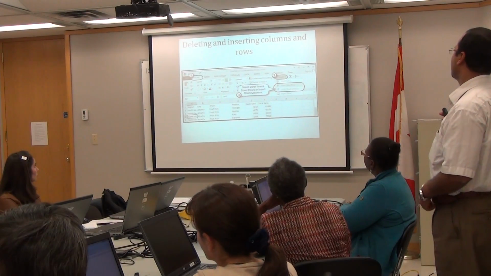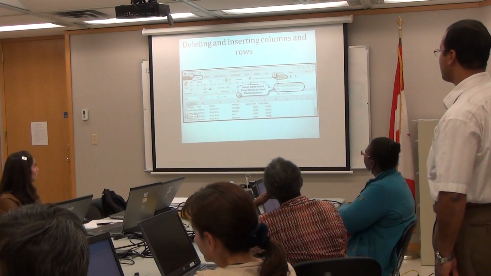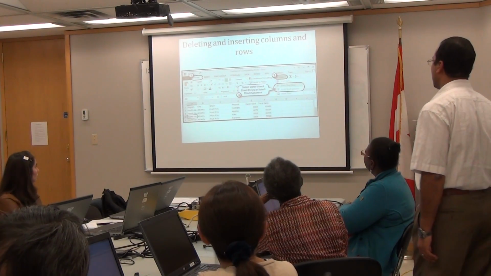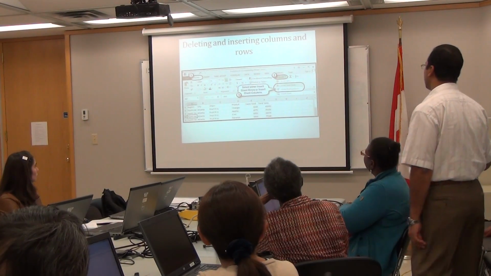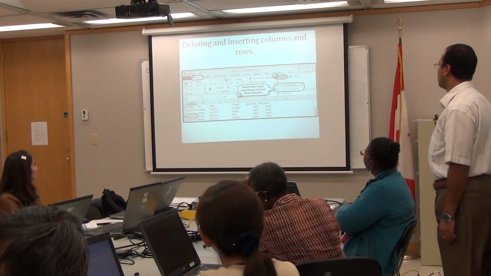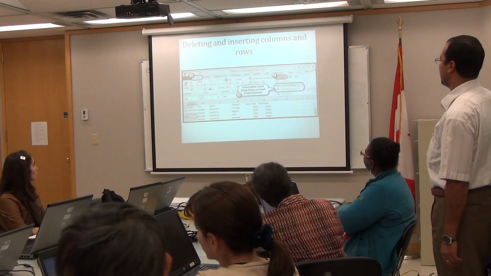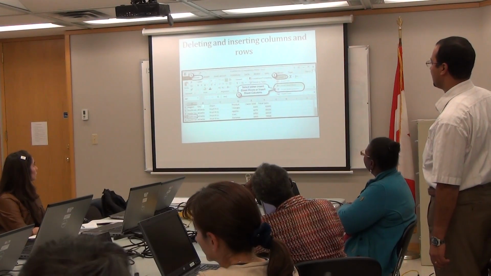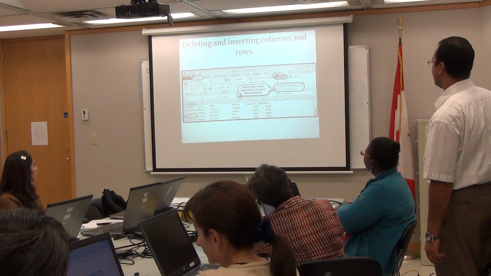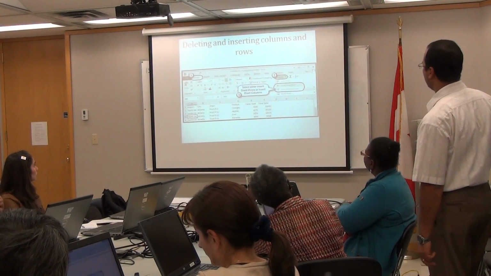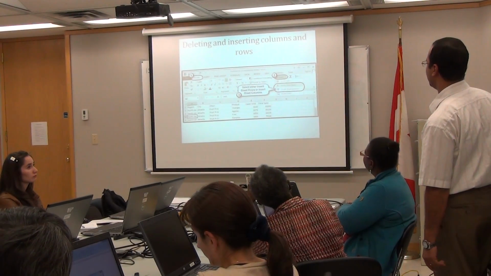So here we're going to go through some manipulation of columns and rows, and learn how to delete columns and rows. But we have to start with inserting first, sorry.